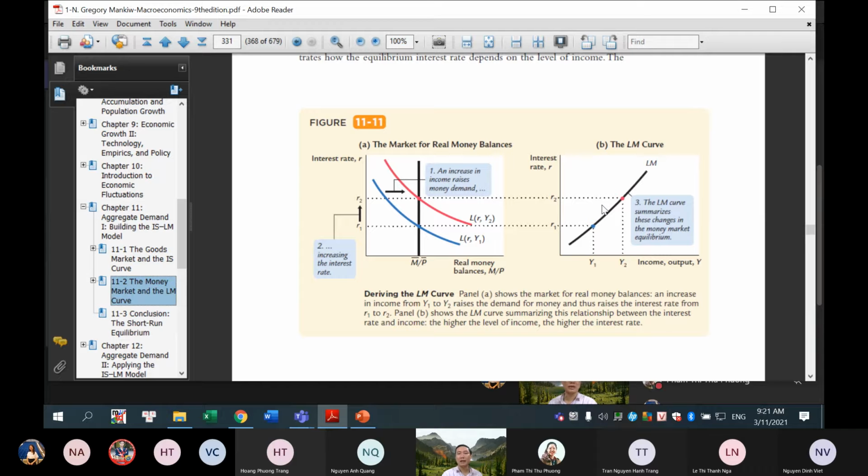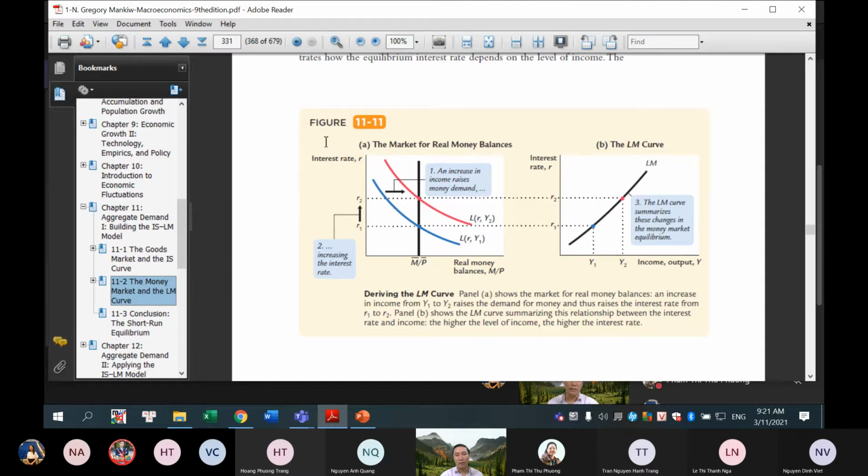The second reason: if the price goes down, what happens to our money demand at the given interest rate and income? Of course, you have a lower money demand.